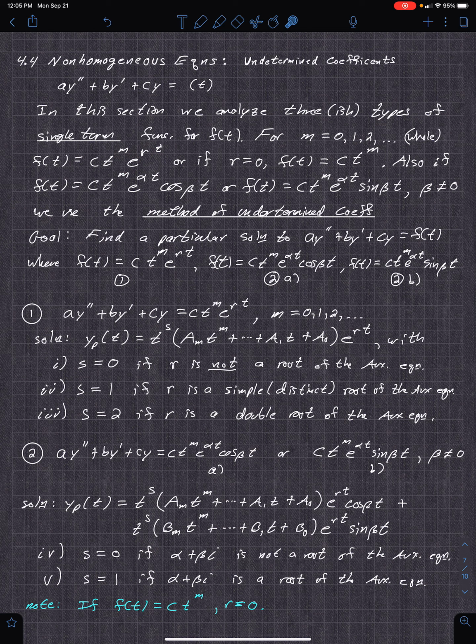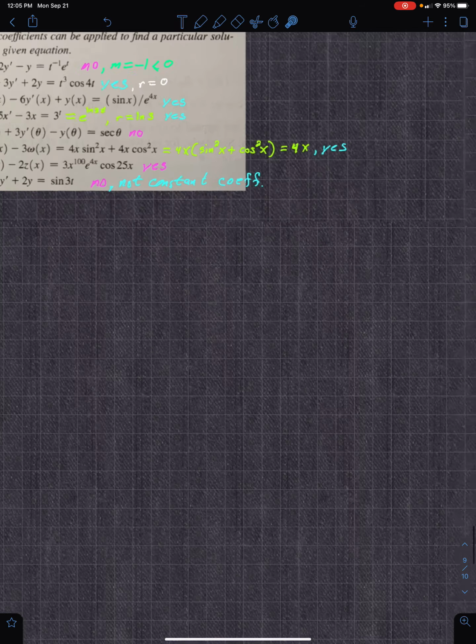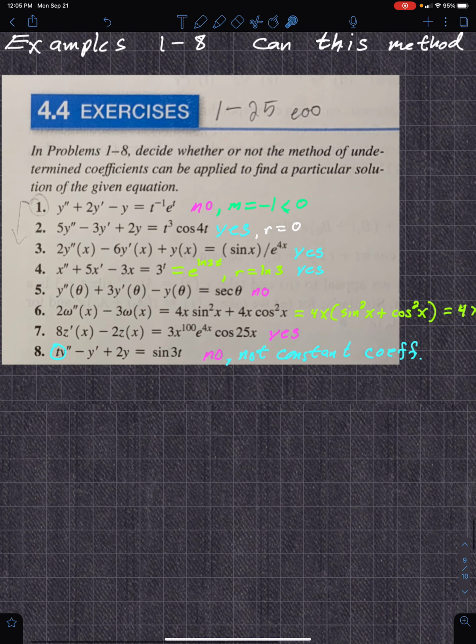Or actually, that was cosine, right? So right here, your alpha is 0. Alpha can be 0, but your beta has to be non-zero. Okay, so alpha is 0, and the next two types is a yes.